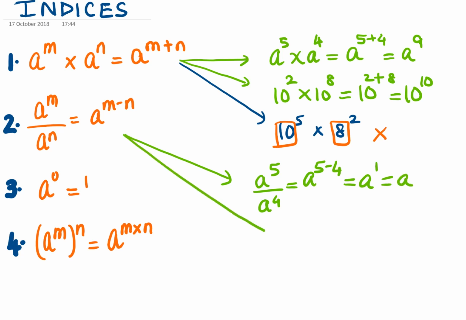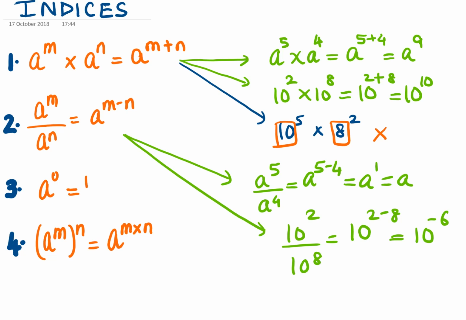Now, if you take, instead of a, a number like 10 raised to 2 divided by 10 raised to 8. Again, it says a raised to m upon a raised to n, meaning the bases have to be same. The bases are same. So the rule can be applied. So this becomes 2 minus 8, that is 10 raised to minus 6.